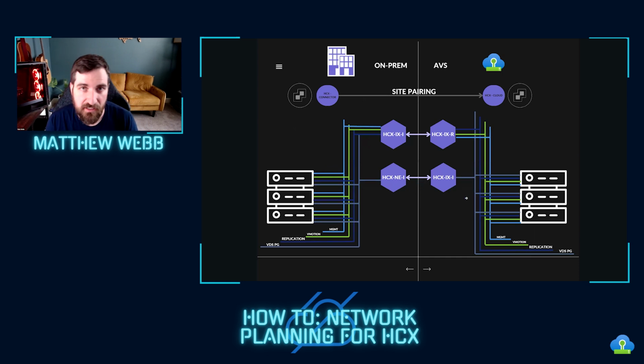So we need to understand the topology view of how HCX works. So let's go over this for a second, and then we'll talk about how IPs play into all these different appliances that get into this mix. First and foremost, your on-prem environment is on the left side, AVS is on the right side, and then you've got your different HCX appliances. These hosts make up my vSphere hosts on-prem, and then your vSphere hosts in AVS.